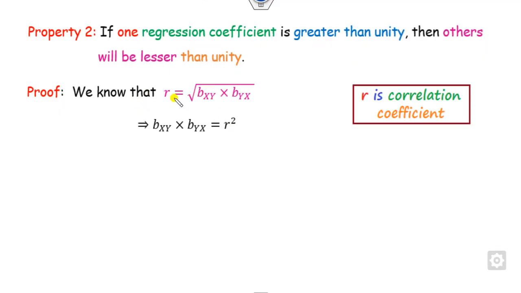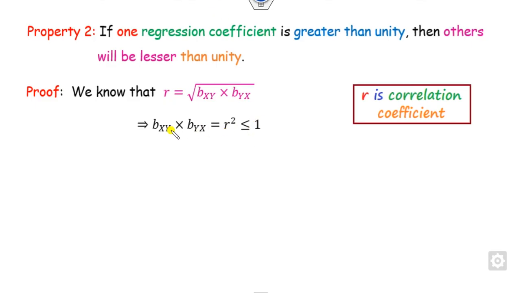We know that by property 1 we derived this, where r is the correlation coefficient. The range of the correlation coefficient is -1 to +1. So what is the value of r squared? It is always less than or equal to 1.